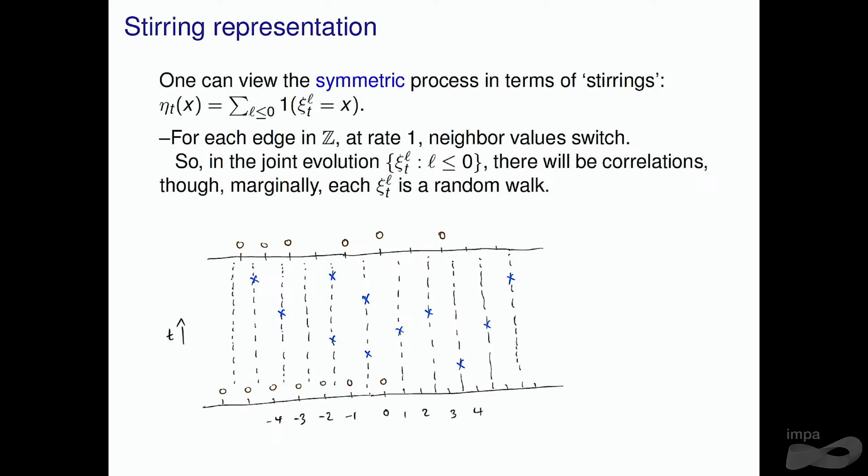here's a construction of the symmetric process. We're starting from the step profile. Each bond has a Poisson process, the dotted lines between the bonds, and these are the marks of the Poisson process.